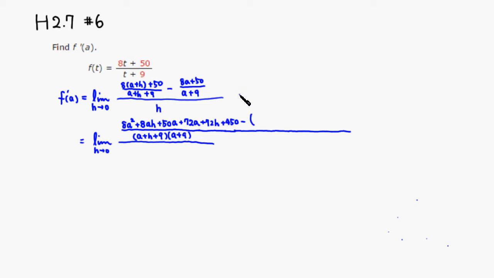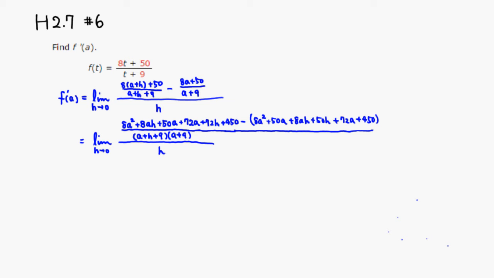Then I'm going to distribute a here, so you have 8a squared, and a times 50 would be 50a, and distribute h, so that will be 8ah, and distribute h, so 50h, and 9 times 8a would be 72a, and 9 times 50 is 450, right? And all over h, right?